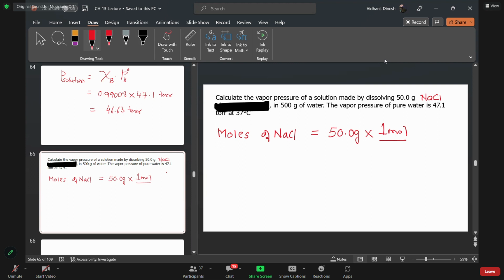Okay. 55? Let's see. 58.35. That looks correct. So can you find me the moles of sodium chloride?